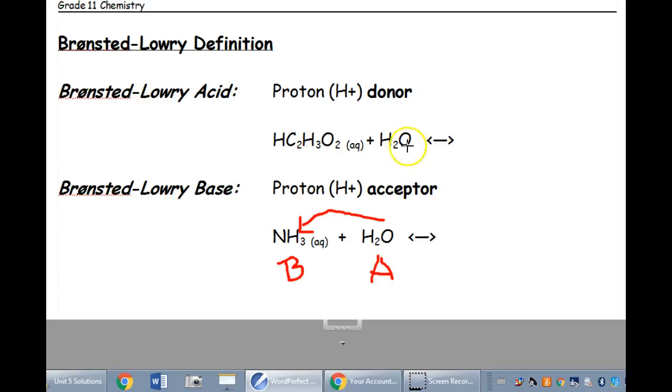If we look at the example I used for the Bronsted-Lowry acid, I know that this is my acid, and it donated a proton to water. So in this case, water was the acceptor, and water was in fact acting as a base because it accepted a proton. So water can be either acidic or basic depending on what is being dissolved in it. And it's all in reference to something else.